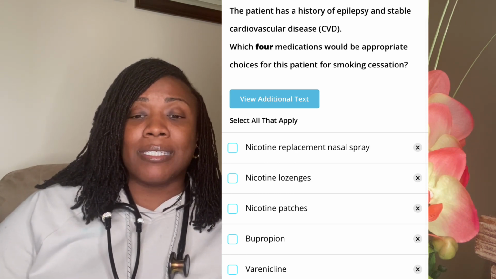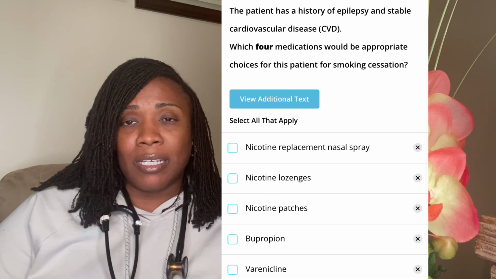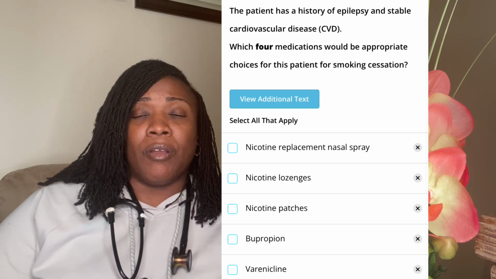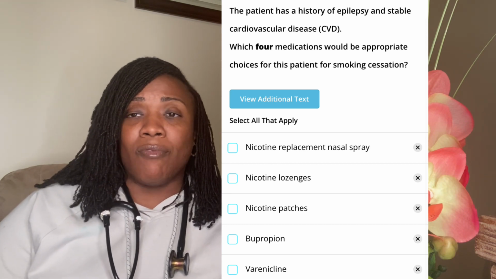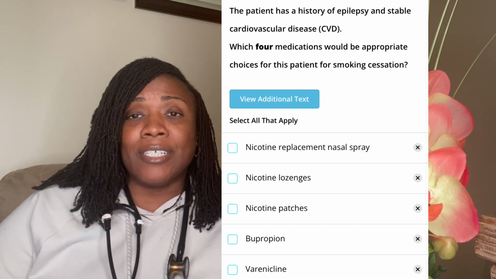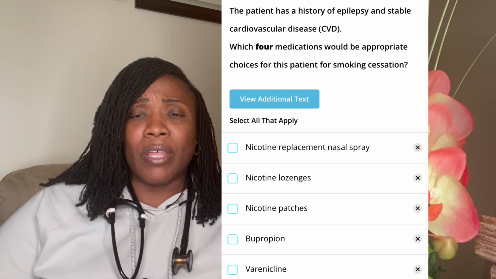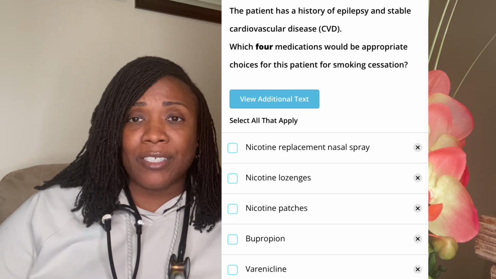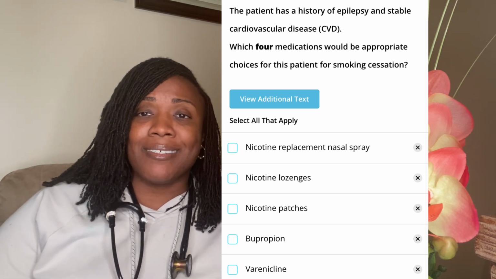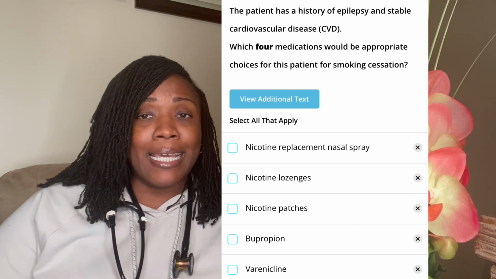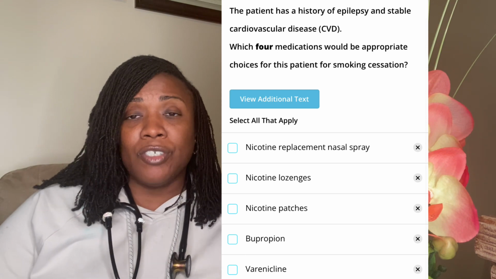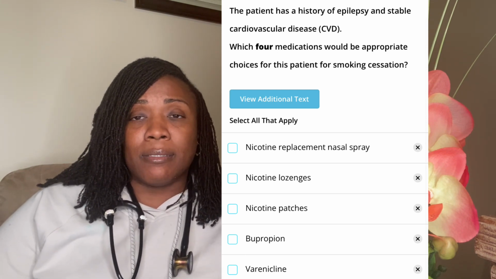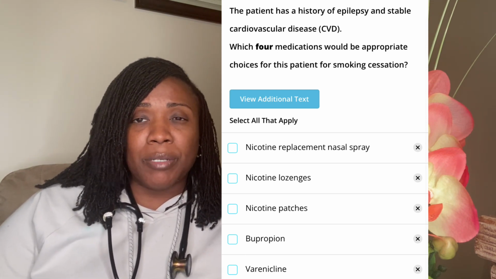Stable cardiovascular disease means whether it be high blood pressure or high cholesterol, whatever they have going on is under control with medication. So we know that they won't have any issues cardiovascular wise. But this patient does have a history of epilepsy, and it doesn't tell us that the epilepsy is stable, because usually when seizures come on, it is not something that you can pretty much determine.